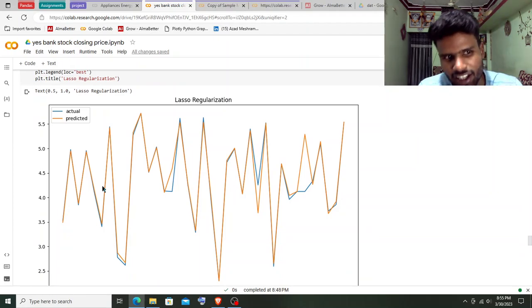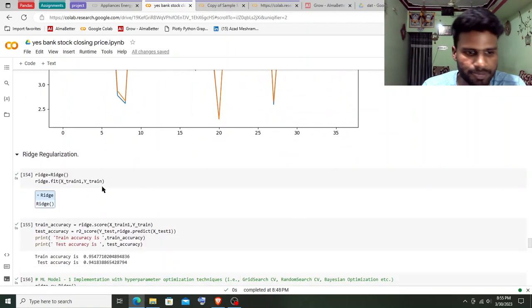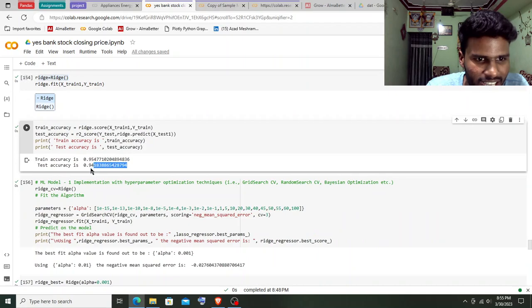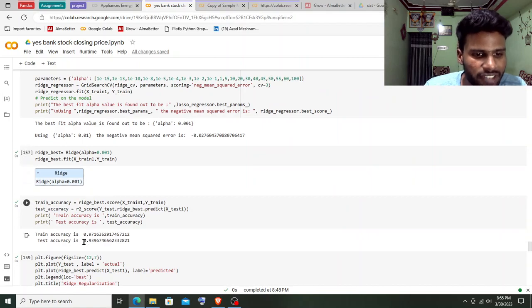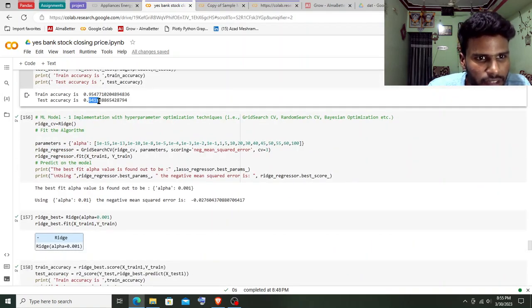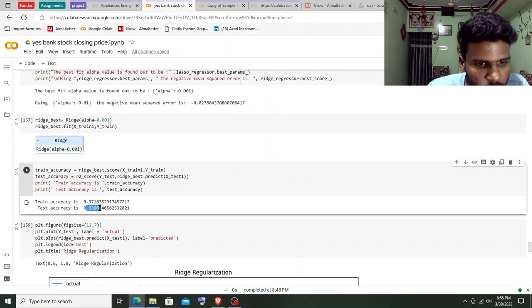This is again a visualization of our y-test, the actual values, and our predicted values. Now the ridge regularization. For ridge regularization I got 94% accuracy. When I did its cross validation, the accuracy actually decreased. First it was 94.18%, but later on it decreased to 93.96.